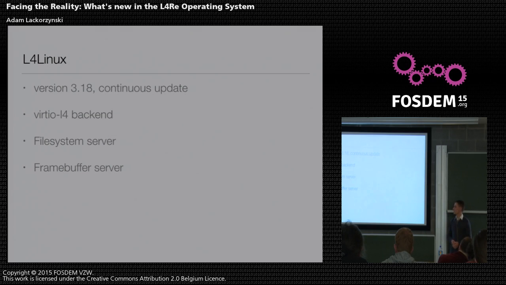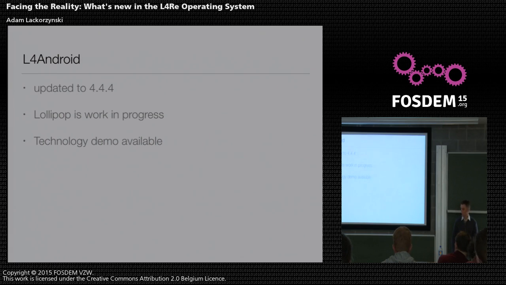The same way we added a frame buffer server. This service exports the physical frame buffer for other clients, and this allows us, for example, to use the Intel i915 graphics to enable the frame buffer on such platforms.